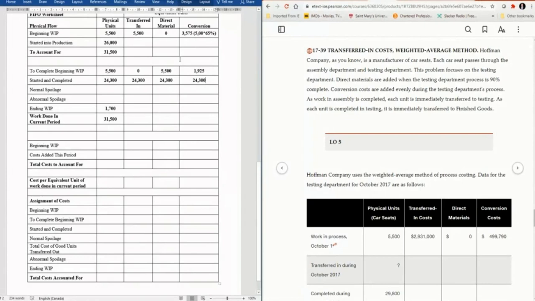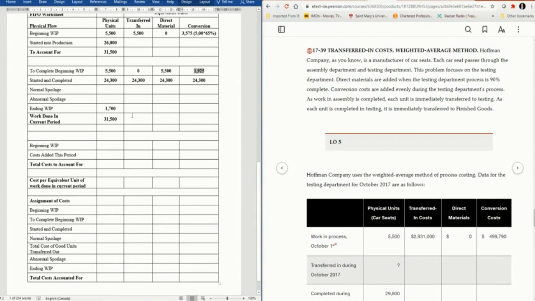So this tells us what we did in terms of contributions to these first 29,800 units this month. 24,300 of them we start complete, and the other 5,500 of them this month we didn't have to add any of the mechanics. We had to add in 5,500 cushions and the equivalent of 1,925 units worth of effort.